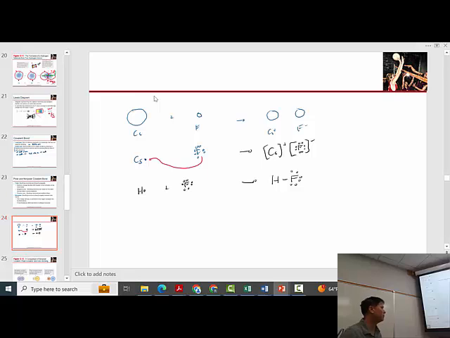And we form HF like this. So it's a covalent bond? Yeah, this is a covalent bond. This is a polar covalent bond. And so when we do this, what happens is we have the 1s orbital, and then we have a 2p orbital. The 2p orbital is quite a bit bigger. I should try to draw it bigger.